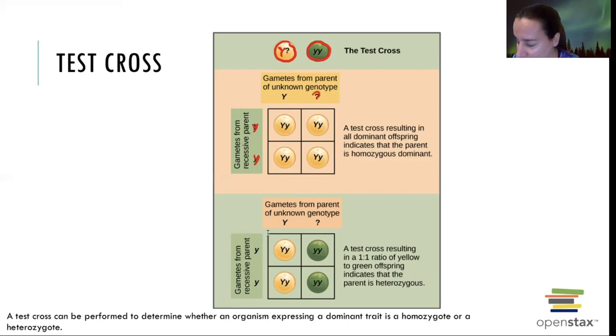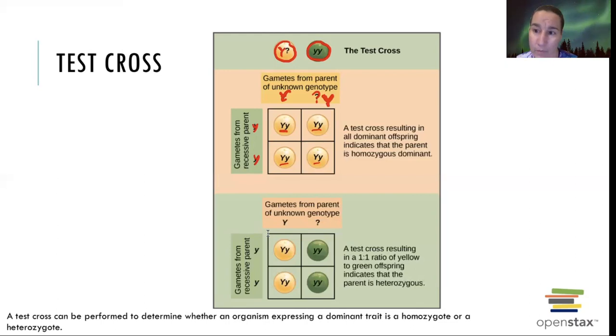We don't know what this is, but we're going to perform the test cross, and if the genes are homozygous dominant, if they're both dominant, then these are the genotypes that we will get. All of the offspring with this pairing of this Y and this Y would be hybrids. Every single one in the F1 generation would be yellow.